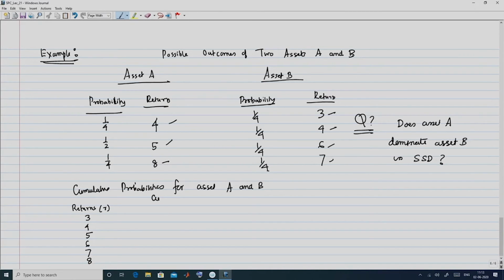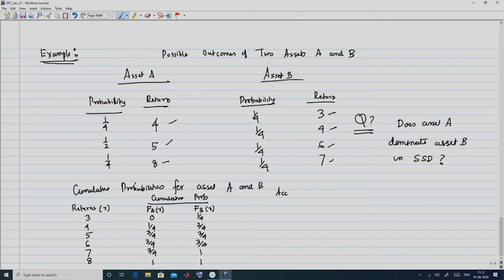Now the cumulative probabilities, F_A of R and F_B of R. F_A of R is going to be 0, 1/4, 3/4, 3/4, 3/4 and 1, and the cumulative probabilities of B are 1/4, 2/4, 2/4, 3/4, 1 and 1.